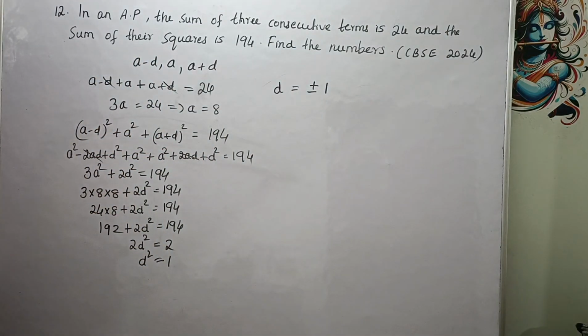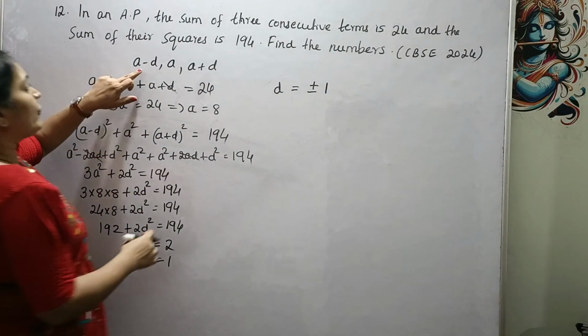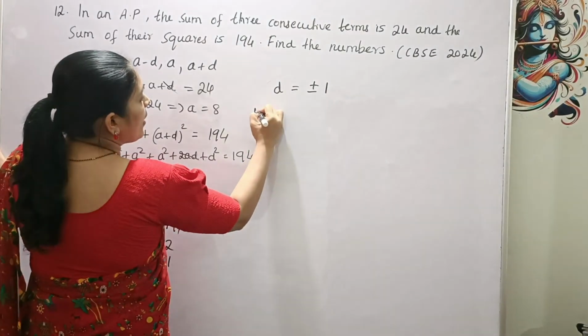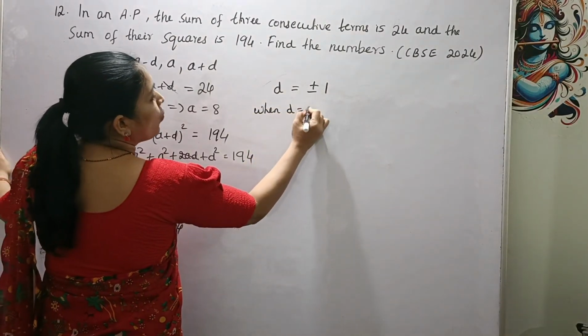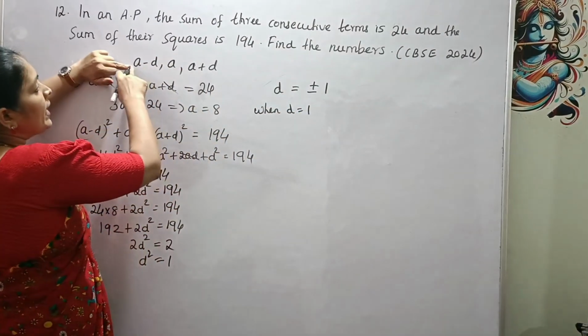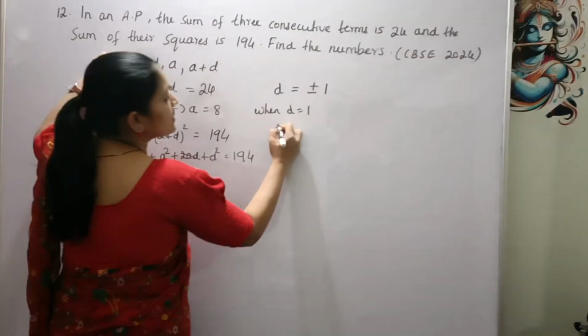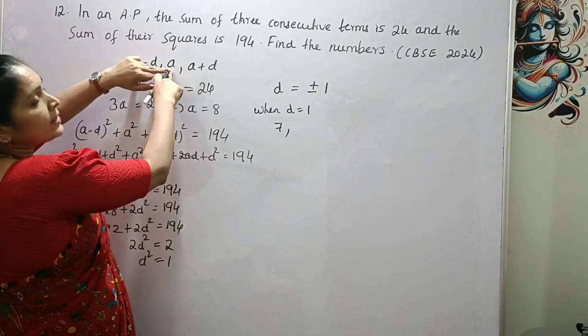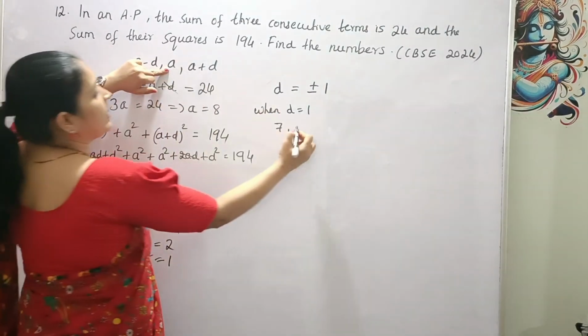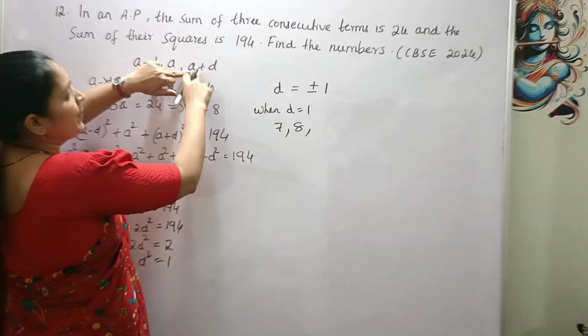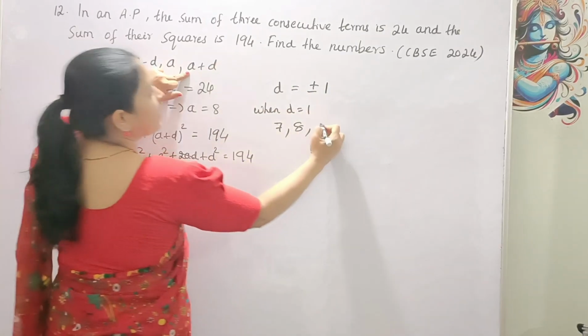Now we have to find the numbers. When d is equal to 1, what are the numbers? a minus d, that is 8 minus 1, 7, right? Next, 8. Next, 8 plus 1, 9.